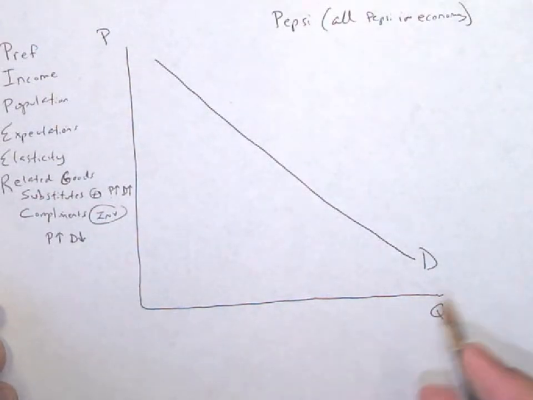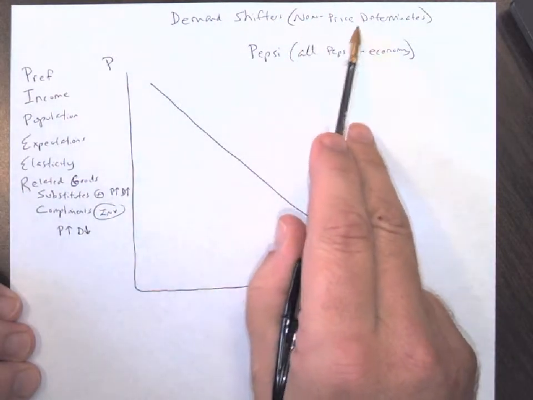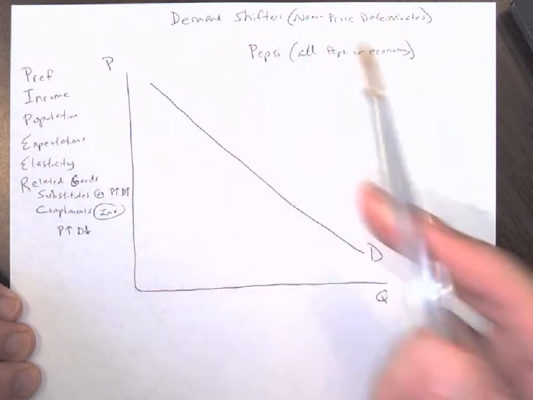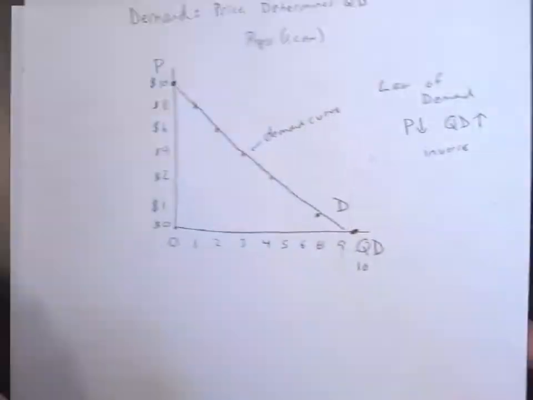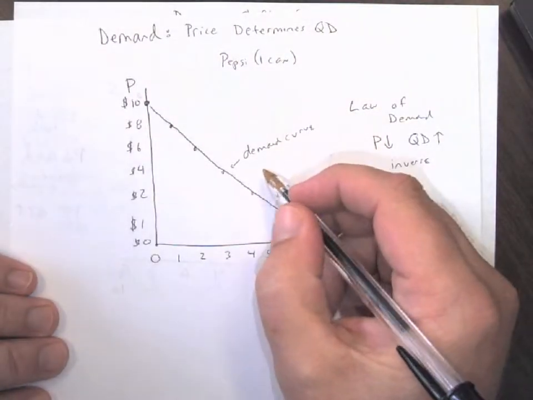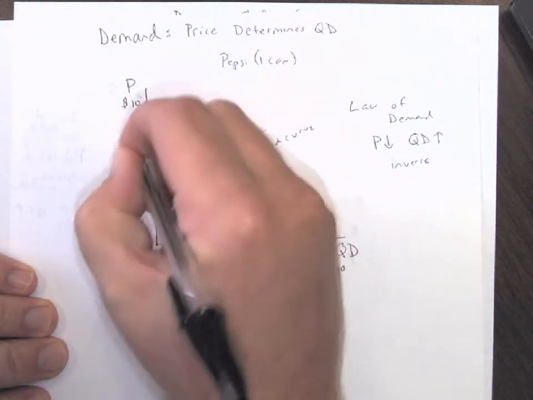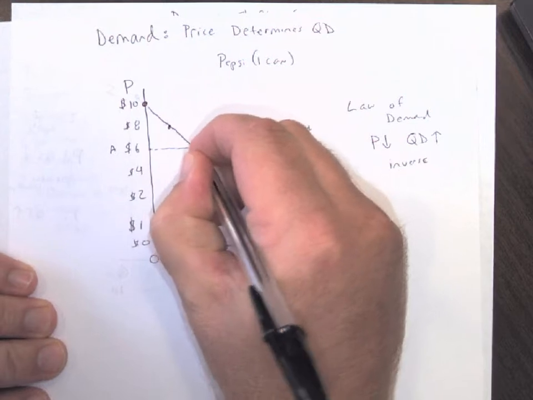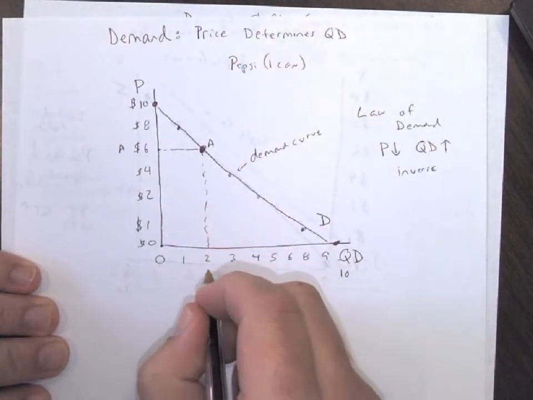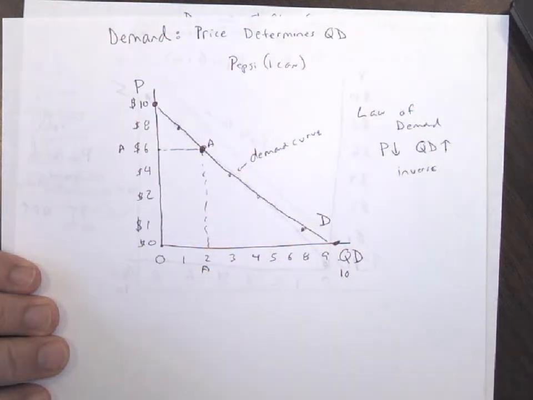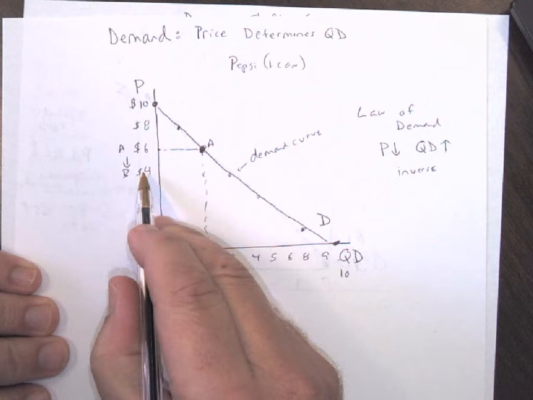So now let's look at what we do when we shift. Since these are called our shifters, our non-price determinants means that they shift demand. So earlier what we saw with demand itself, we could have what's called a movement. So at $6, say people at $6 are at point A on the curve, and they're only demanding two of these items at point A. So now all of a sudden, say the price goes to point B, $4.